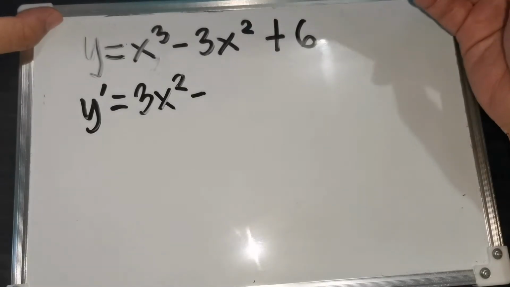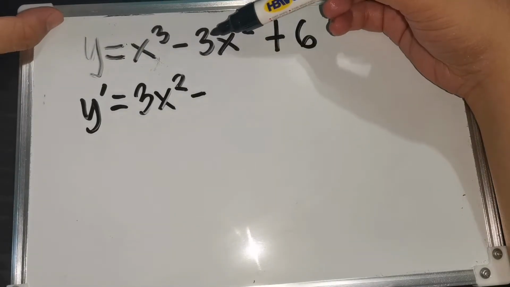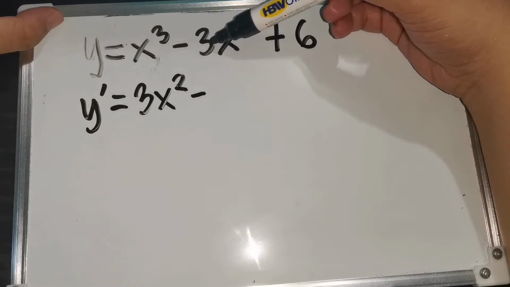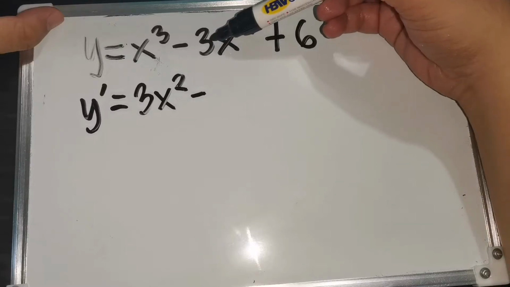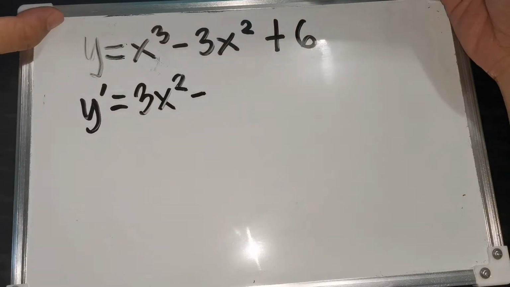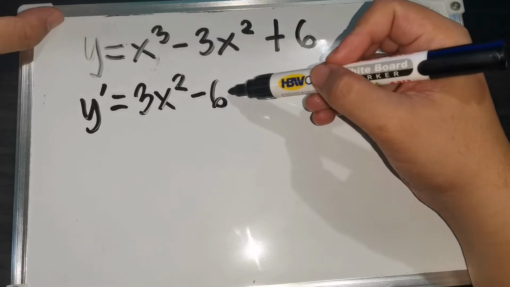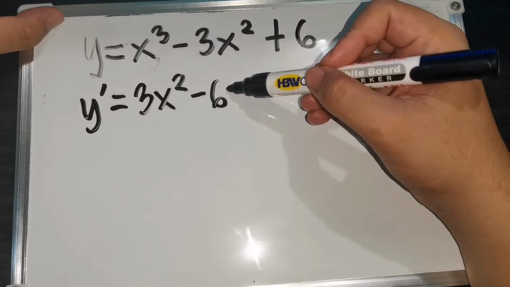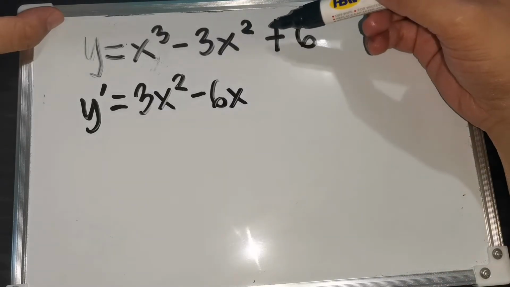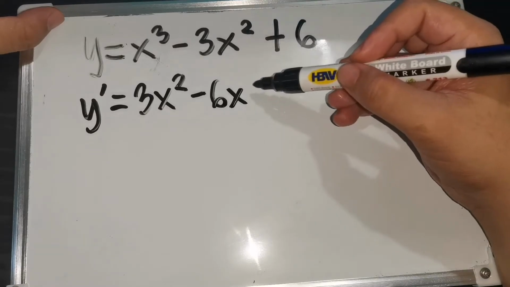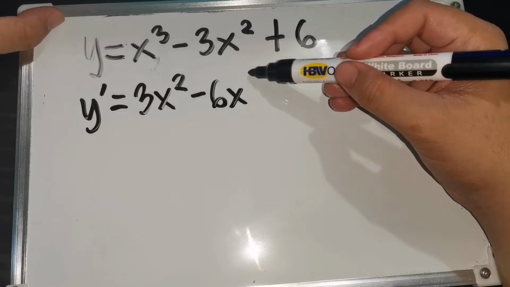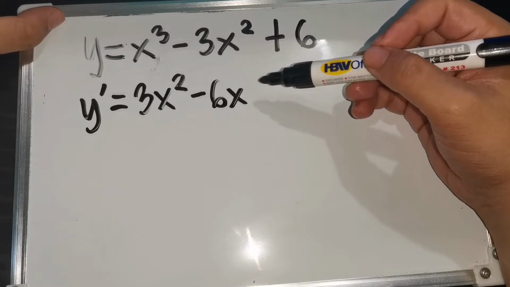Minus, here, there's a given numerical coefficient greater than 1. That will be your 3. So we multiply this 2 as your exponent to your numerical coefficient 3. So that will be equal to 6. We copy your variable x, then we subtract 1 to your exponent. So that will be equal to 2 minus 1, so we don't need to put an exponent here, which is equal to 1.